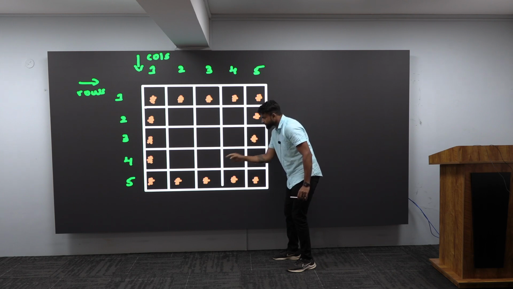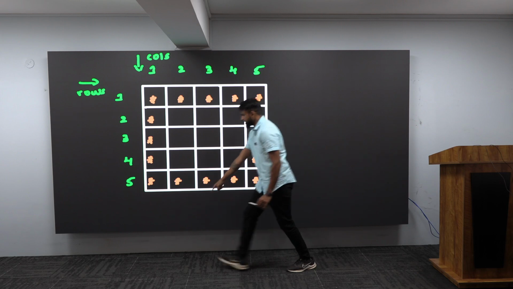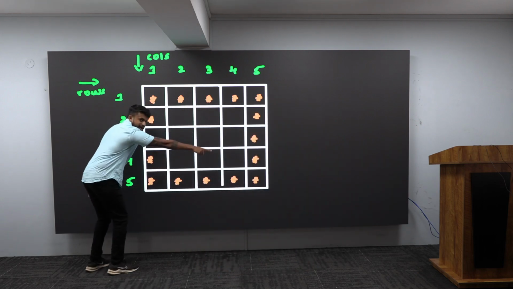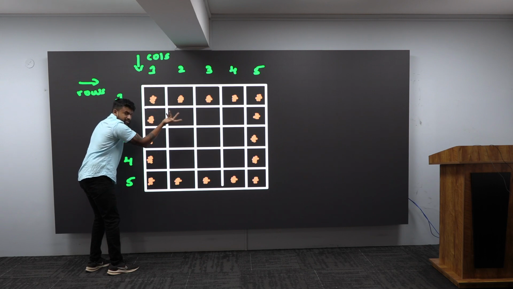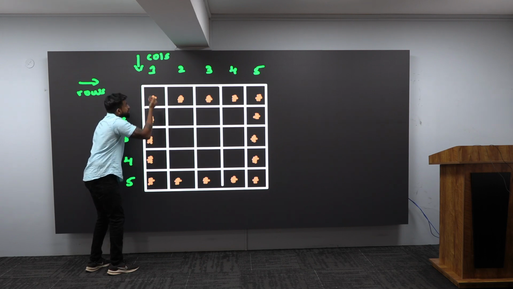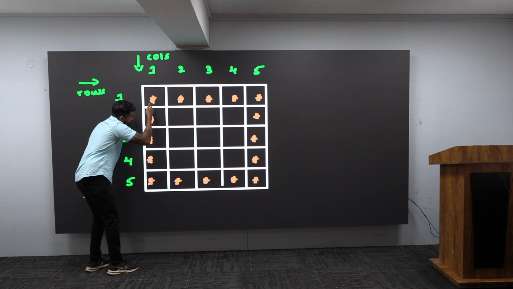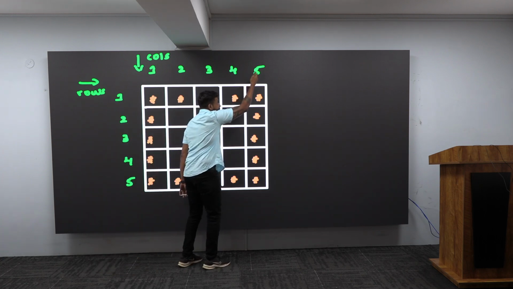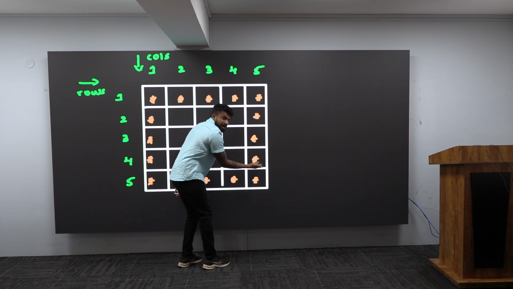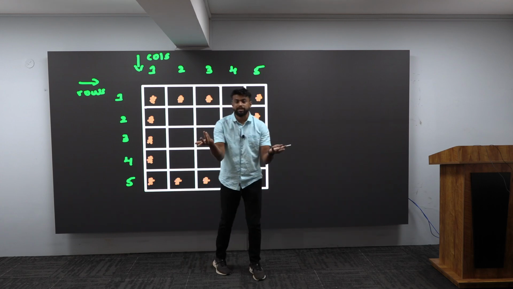Which is that row? Fifth. If you look at this fifth, everywhere stars you have. Very good. In a certain column, everywhere stars you have. Where it is? In the first column, everywhere stars you have. Again, in the fifth column, everywhere stars you have. That you should tell it in your program.